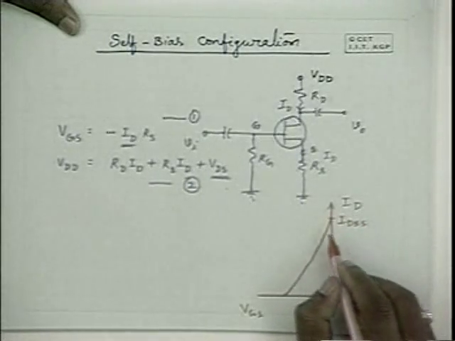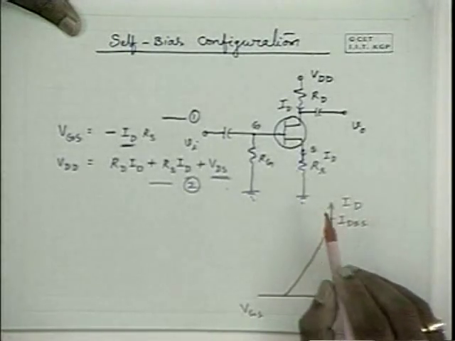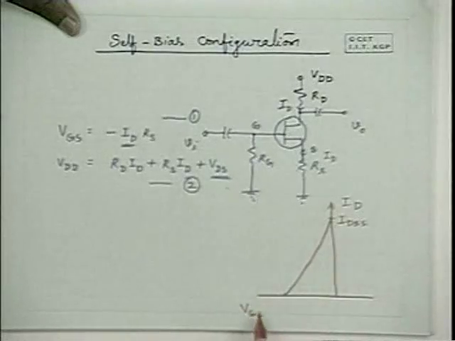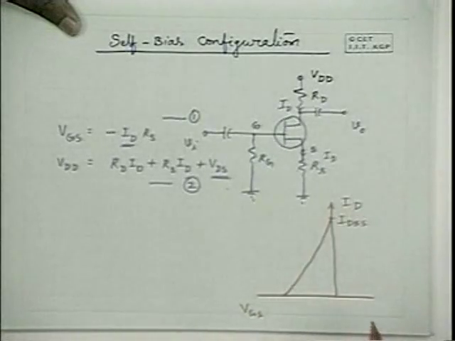When we design, we take the typical characteristics out of the whole transfer characteristics, with all that variation, because that is the most likely characteristic for the device. With the typical characteristics, this is the relationship between VGS and ID.